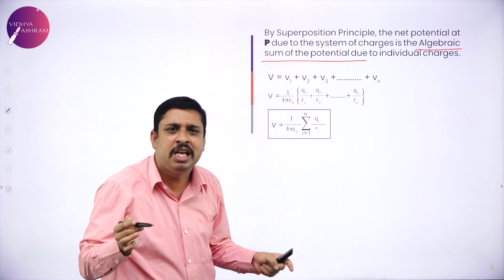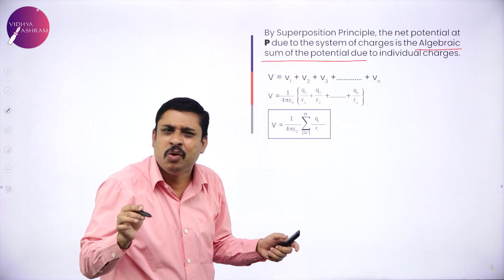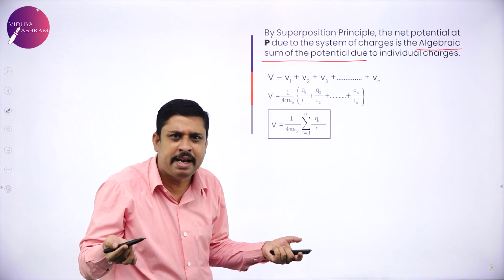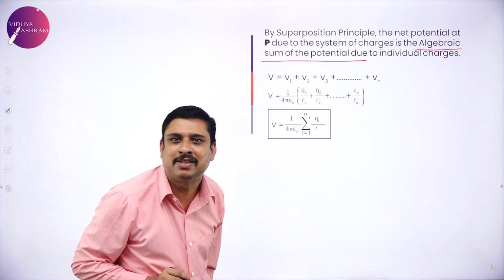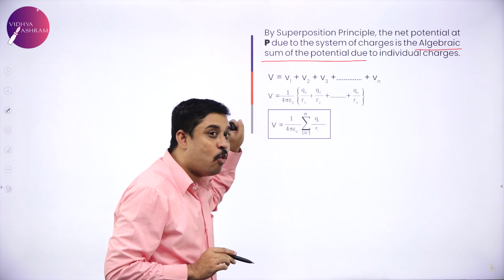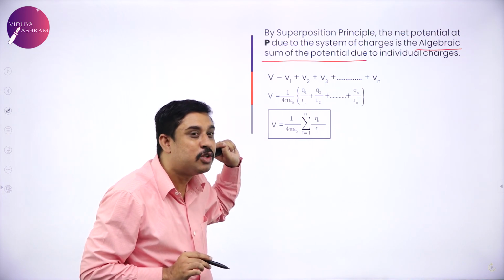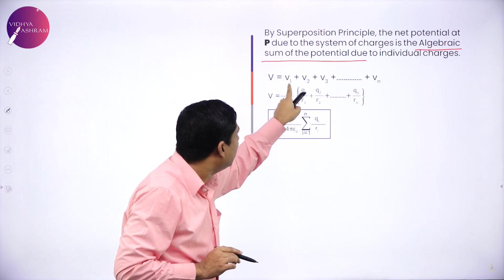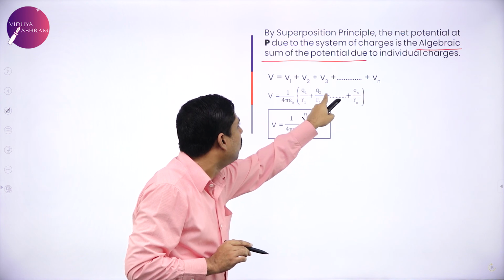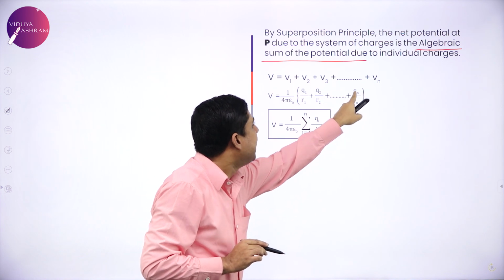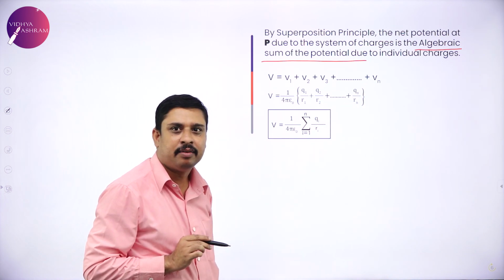Why? Potential is a scalar. You need not resolve components. You need not find angles. Simply superposition principle. See, 1 by 4 pi epsilon naught was common. Take it out. V equals 1 by 4 pi epsilon naught times Q1 by R1 plus Q2 by R2 plus Q3 by R3 etc. Qn by Rn.